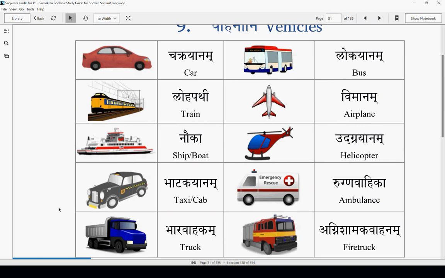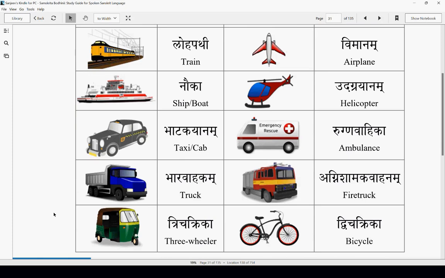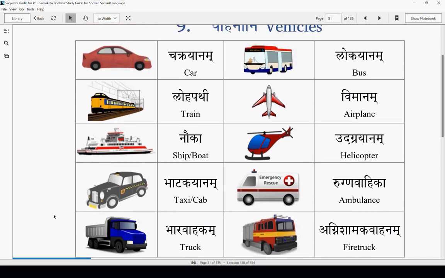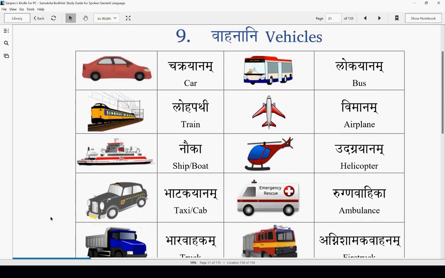Rugna Vahika, ambulance. Agni Shamaka Vahanam, fire truck. Dvichakrika, bicycle. Dhanyavada.